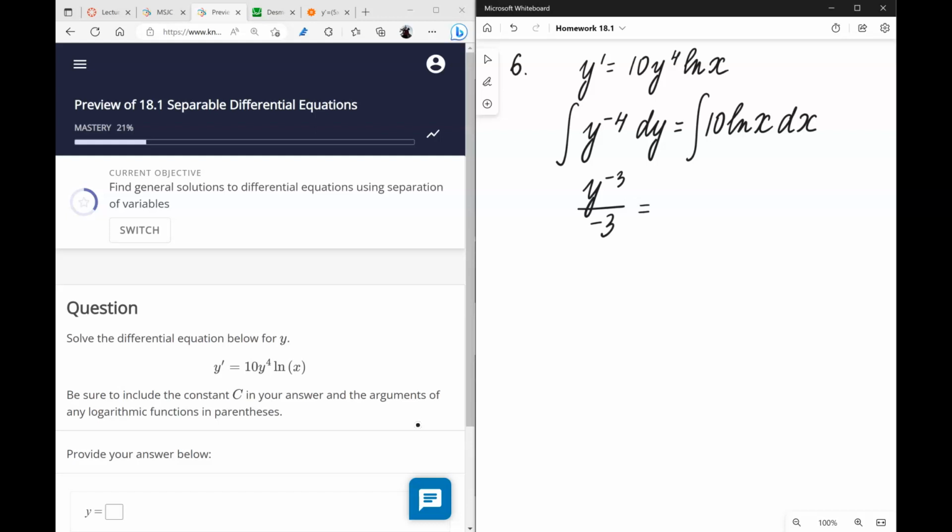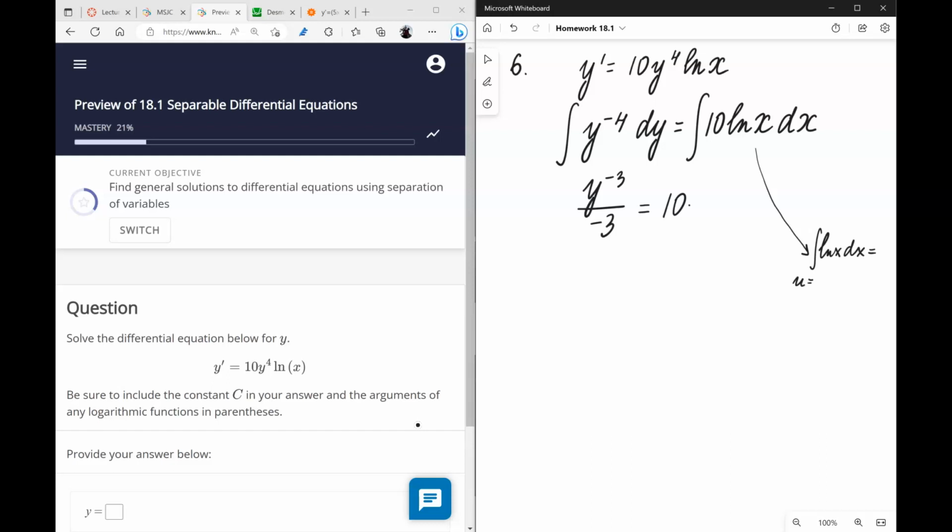On the right side we have 10 times the integral of ln x. To do this integral, you may have to do it on a side, on a scratch paper somewhere. So the integral of ln x dx, I think it's a well-known integral by now. We're going to do it by parts.